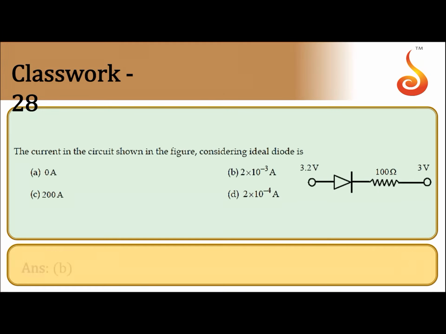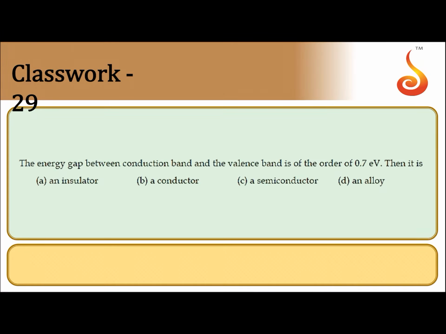Yes, we'll move on to the next one. The energy gap between the conduction band and the valence band is of the order of 0.7 electron volt. Then it is an insulator, conductor, semiconductor, or alloy. If the energy gap is equal to 0, then it is a metallic conductor.